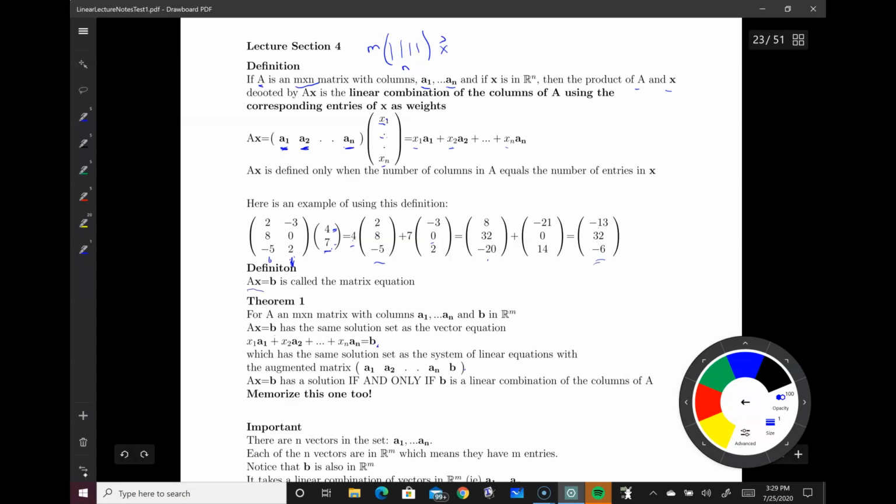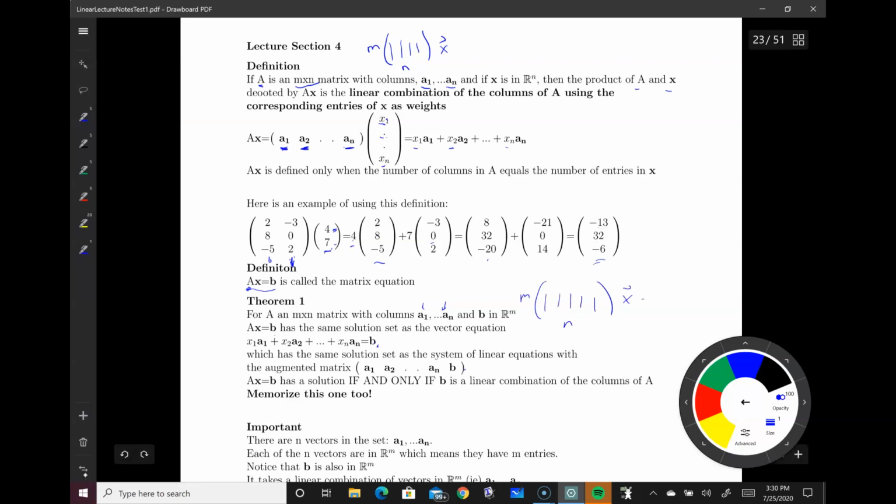So this Ax equals b is called the matrix equation because I've got this A as a matrix. So if I have A, an M by N matrix, then there's N column vectors, right? Because it's M by N, there has to be N columns.